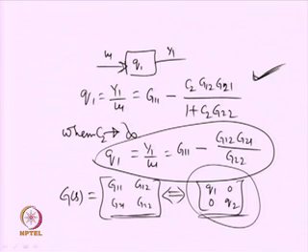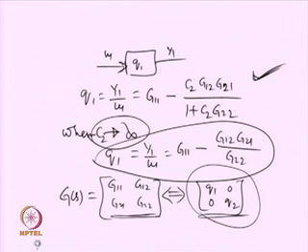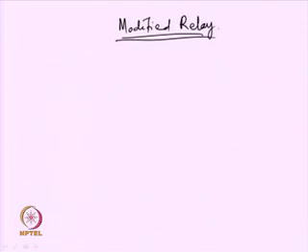So, how can we make C2 tend to infinity during the relay test? Yes, that is possible, provided we employ some modified relay in place of the classical ideal relay or relay with hysteresis. Okay. So, I shall present you now a modified relay, which will have a relay in parallel with a gain.